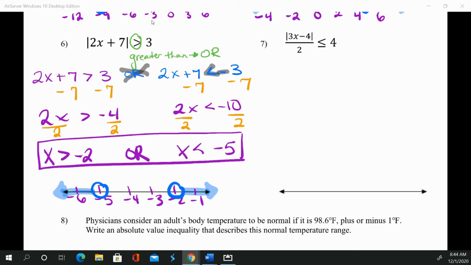Solve them separately and then graph them on the number line and then determine, oh, that shade in the tails, so it's an or. Because both of them require to flip the inequality symbol and make that value negative. So you can know if it's an and or an or from the beginning, or just determine based on the solutions if it ended up being an and or an or.